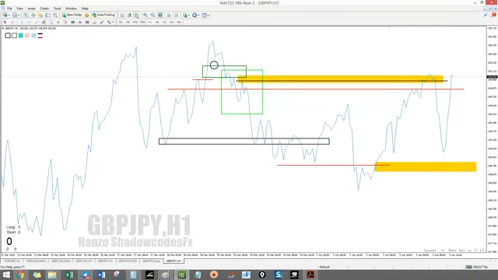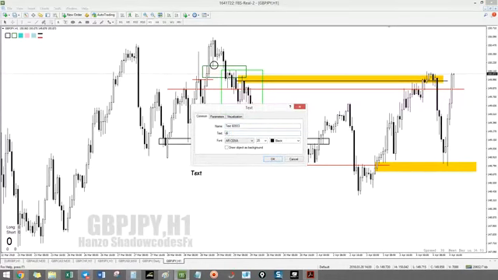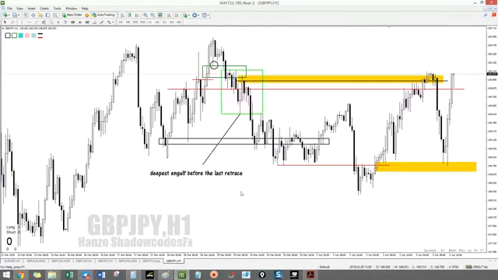Okay, so briefly, on a bigger scale, I need this whole thing, okay, the deepest retrace before. How to explain this? Okay, let me draw something. I need to draw deepest retrace, deepest engulf before the last retrace.